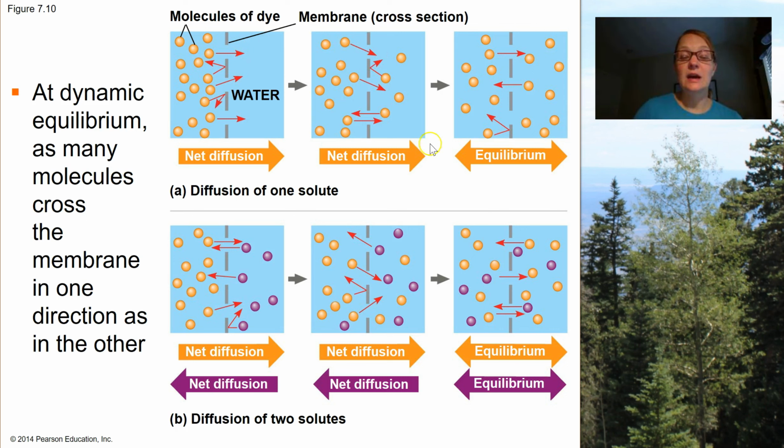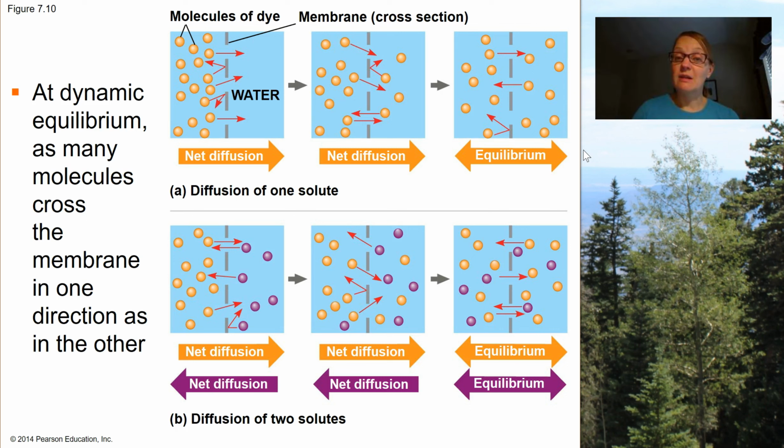Right, so you can see now that as we let this sit longer and longer, eventually enough of those orange dye molecules will move to the other side and they will all be spread out until the system reaches what is called equilibrium. At equilibrium, there are going to be equal concentrations of the dye molecules on either side of the membrane.